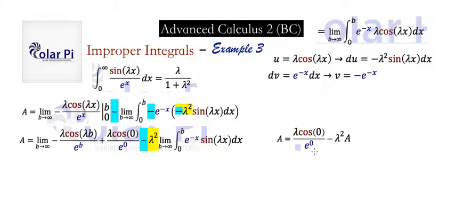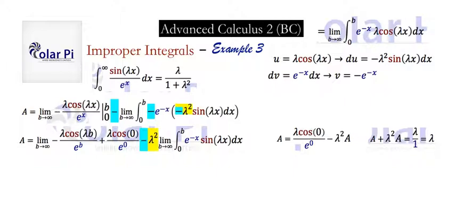And then there's this right there, and then minus lambda squared times a. And as I said already, this here is just lambda. So that means that we can simplify to this, right? And so I have a plus lambda squared a, so I've added lambda squared a to both sides. It's equal to, and this here is lambda over 1, which is lambda.